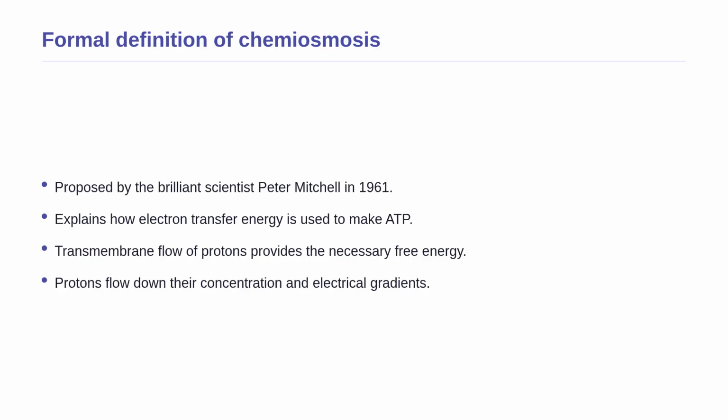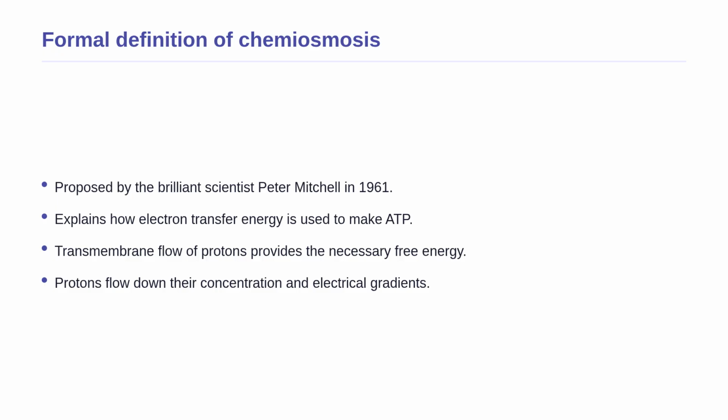Now that we have a mental picture of a dam, let us look at the formal scientific definition. The chemiosmotic hypothesis was originally proposed by the brilliant scientist Peter Mitchell in 1961. It is the scientific model that explains exactly how energy derived from electron transfer is ultimately used to manufacture ATP.